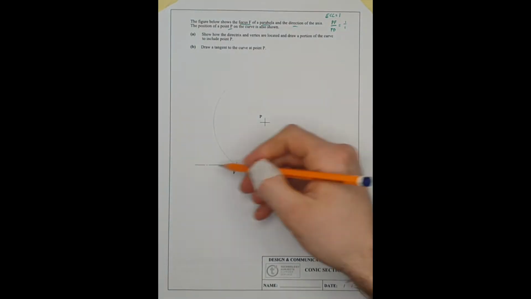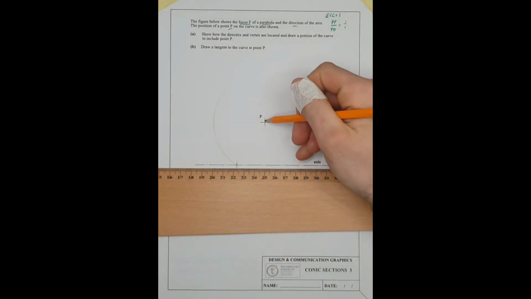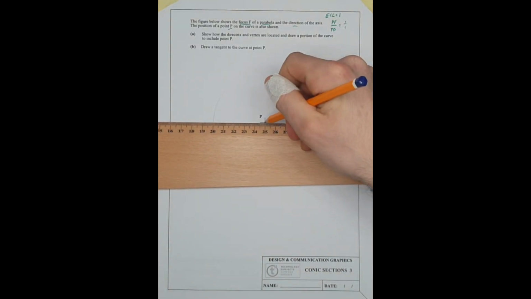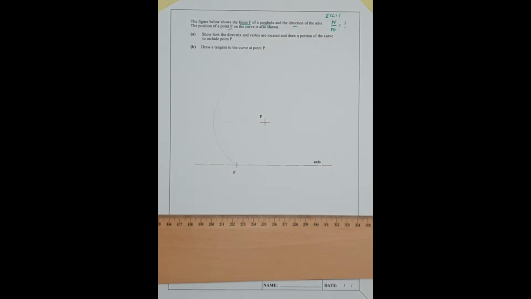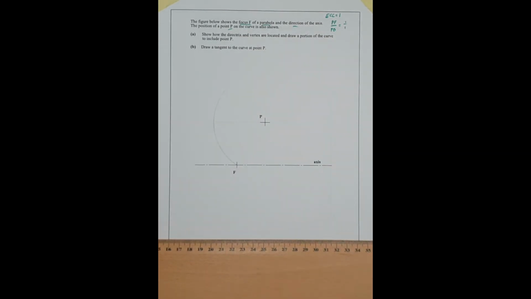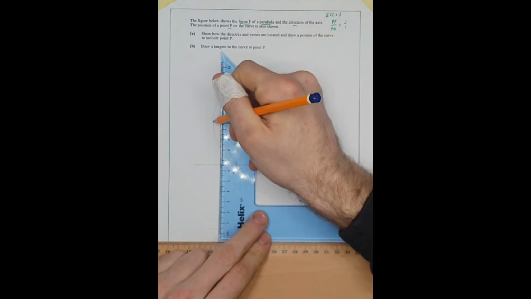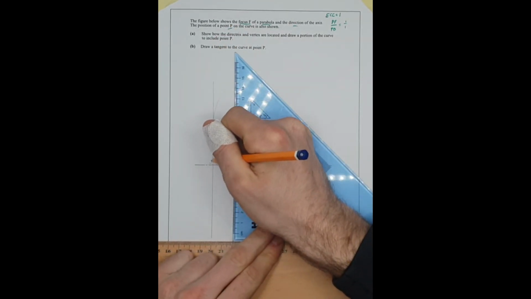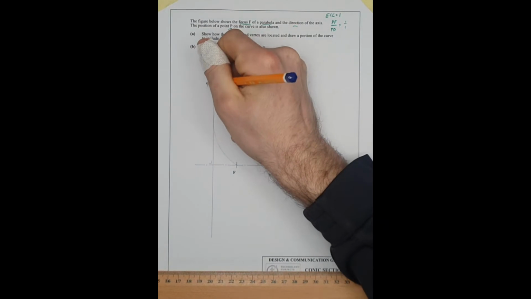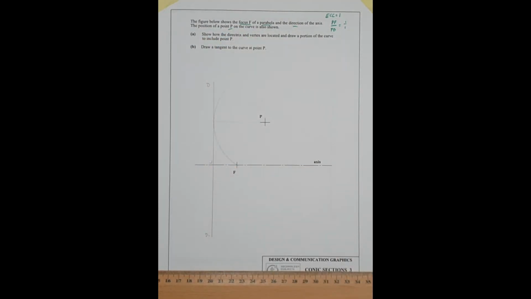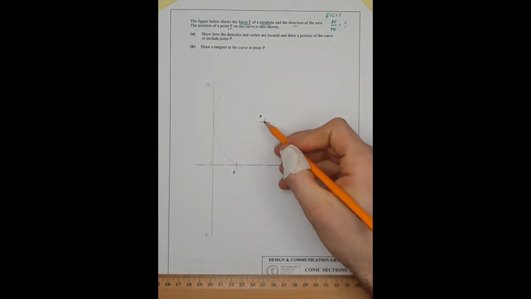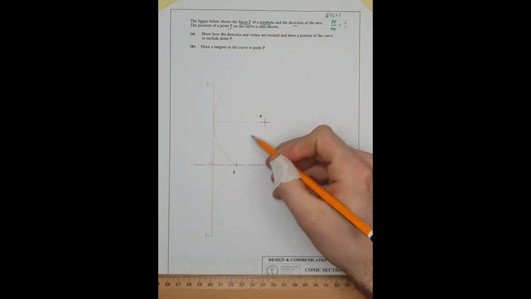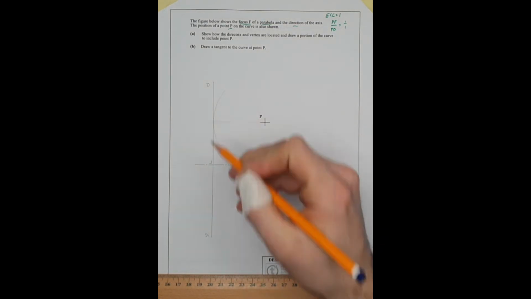We have the direction of the axis this time, so we can just go straight across, and that gives us a point on the directrix. The directrix is always perpendicular to the axis. So there's D1, the directrix. The distance from point to the focus is equal to point to directrix.